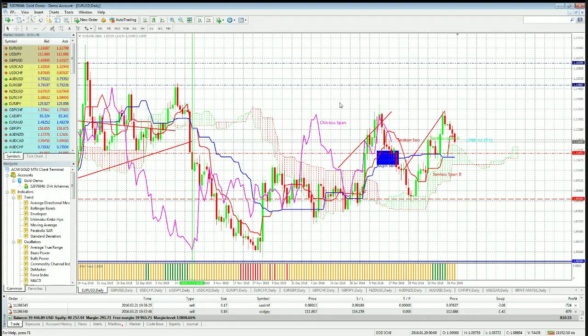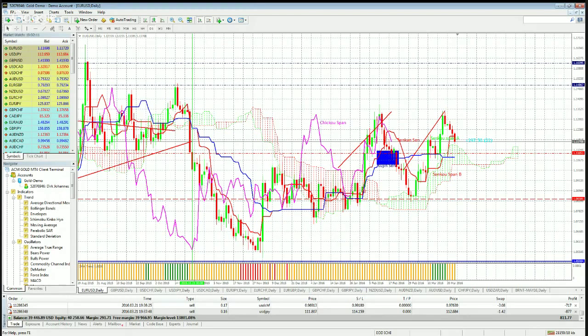So I haven't moved any of my stops since I've taken any of the new trades, to show you guys more or less where your stops should be and how we are going to ratchet them. Okay, so that you get a very good understanding of exactly how we manage multiple charts.